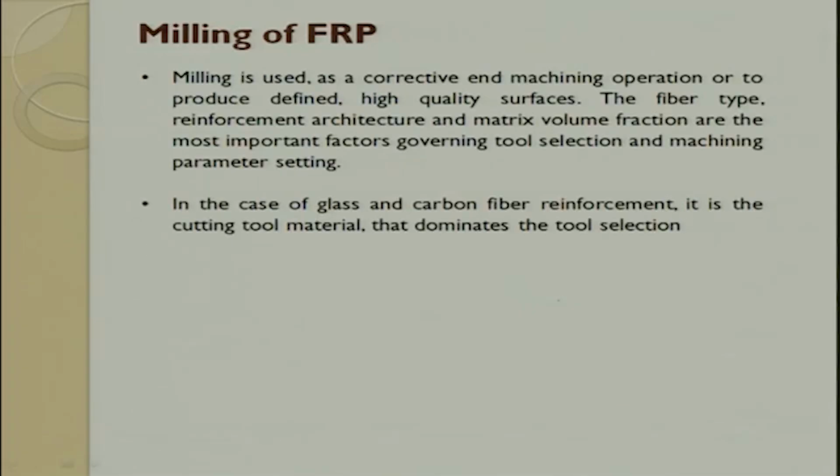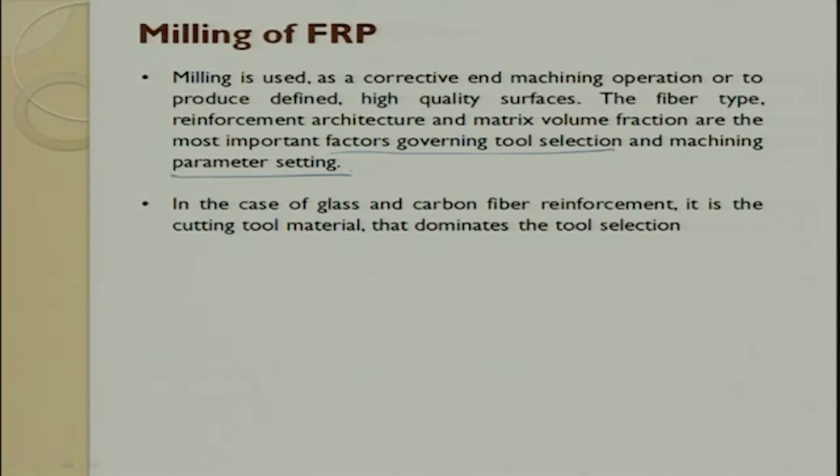Milling of FRP composite, which we are talking about, is generally used as a corrective end machining operation to produce a defined, very high quality surface. The fiber type, reinforcement architecture and the matrix volume fraction are the most important factors which govern the tool selection and the machining parameter selection.